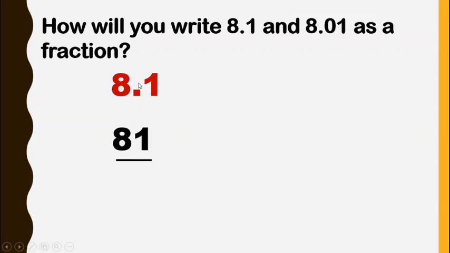Okay, look at your decimal digits. How many? Only one. So the denominator would be only 1 zero. So we got 10.